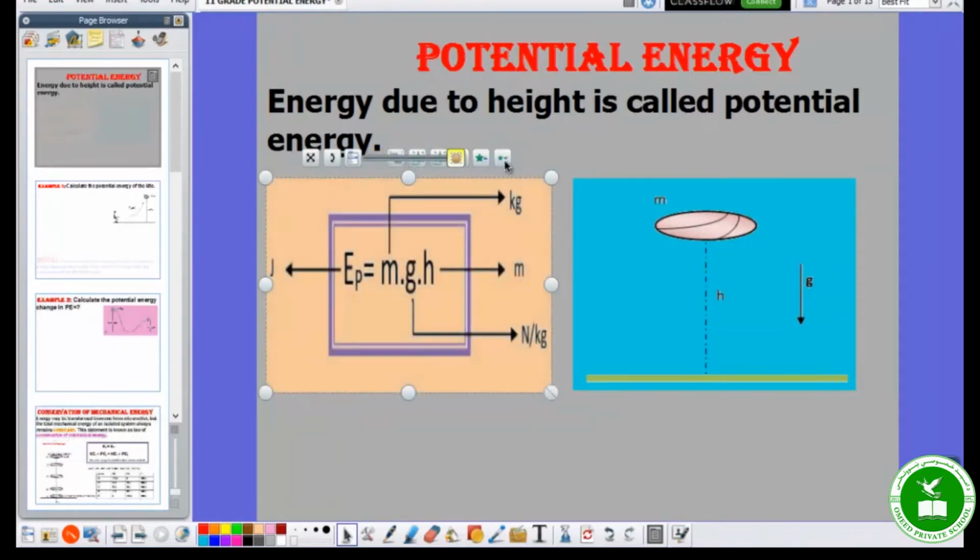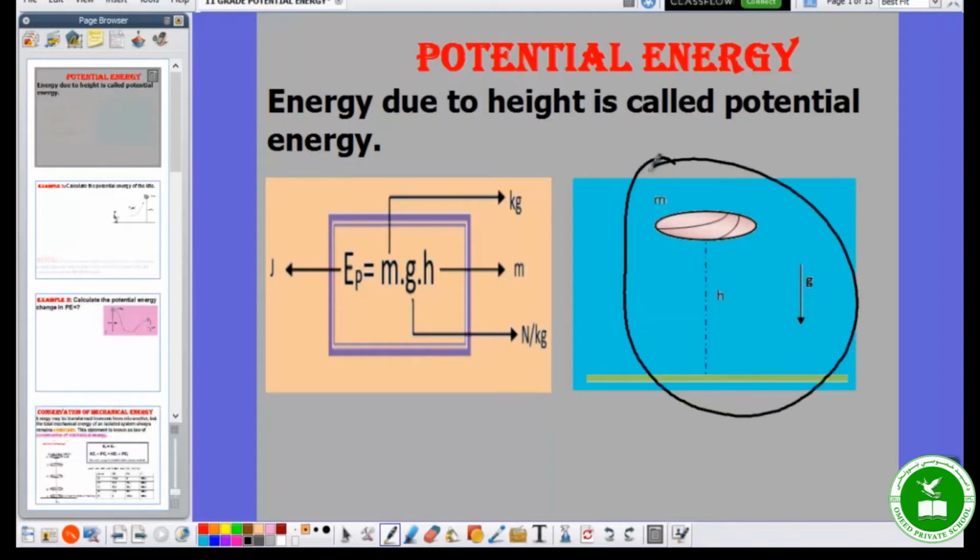Let me show you the formula also. This diagram shows the potential energy. You see, this object with mass m is located at some height from ground level.